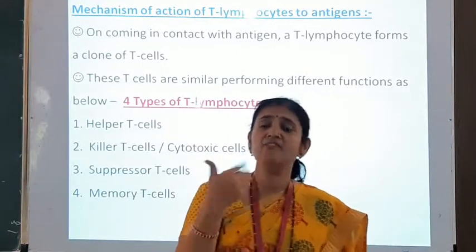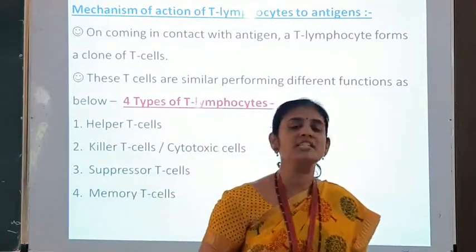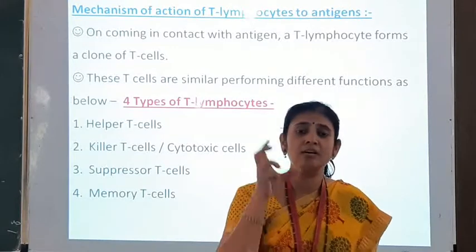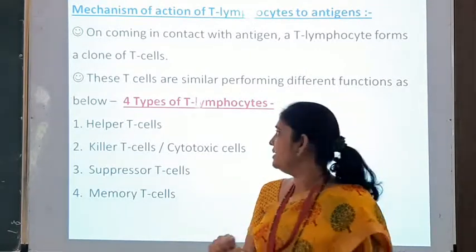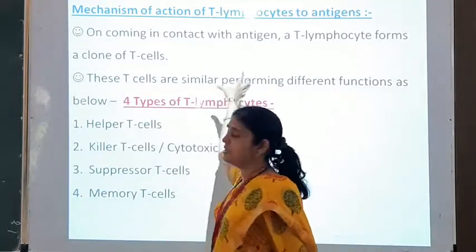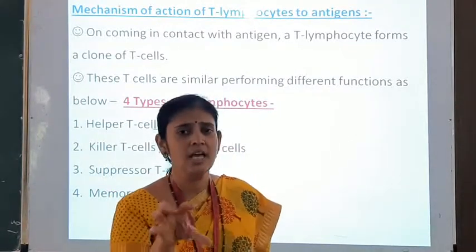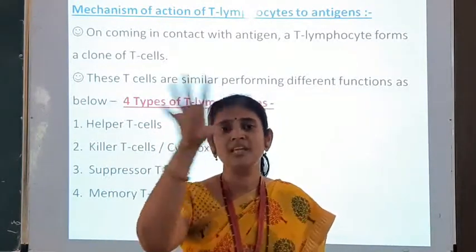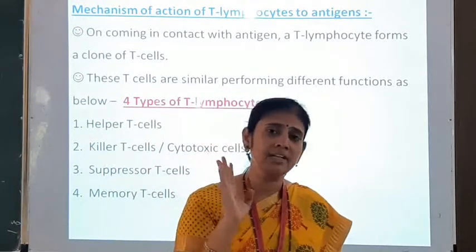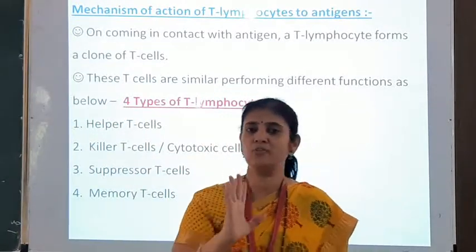cells. They form a clone of T cells, that means they form a group of T cells, and these T cells are similar but they perform different functions. All the T cells formed in a group are similar but they perform 4 different types of functions.